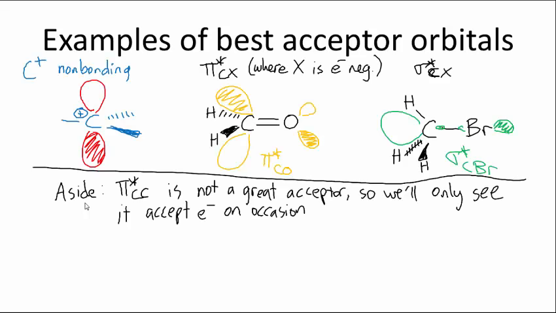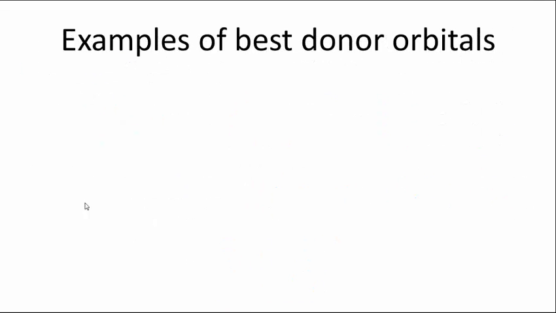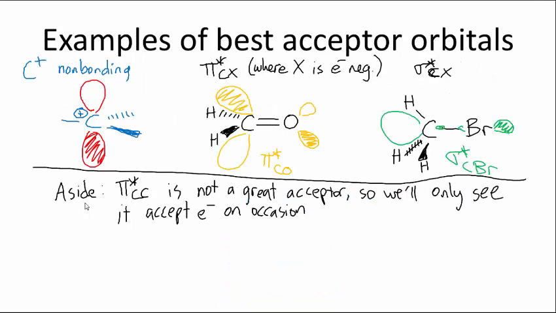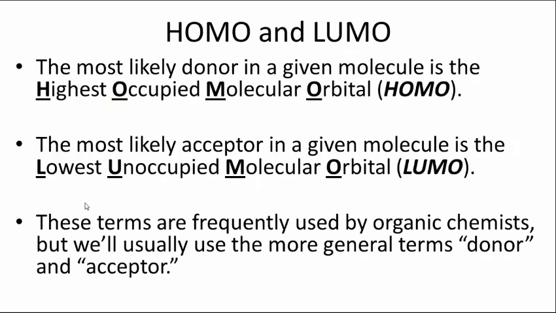So your go-to donors would be lone pairs and pi CC, and your go-to acceptors would be non-bonding orbitals that are empty, pi star CX or sigma star CX. Those are going to be your most common donors and acceptors.